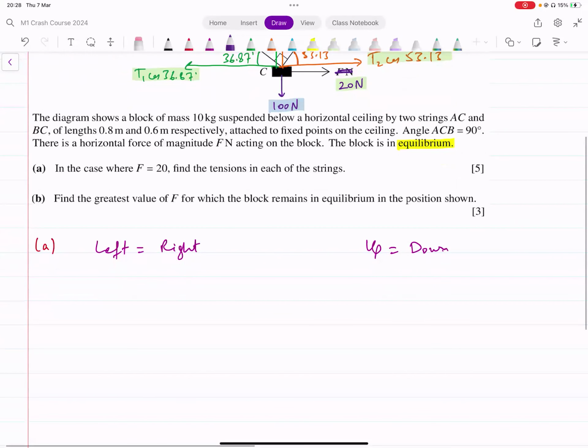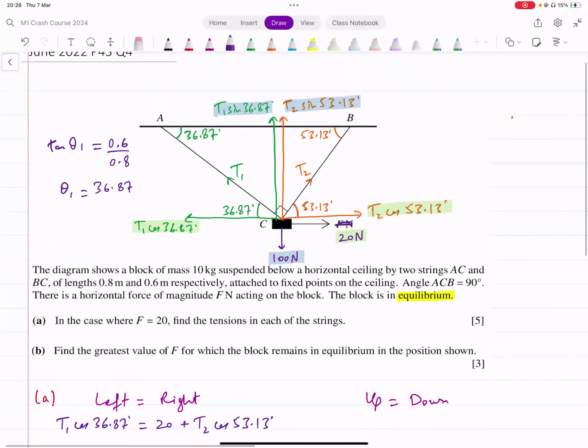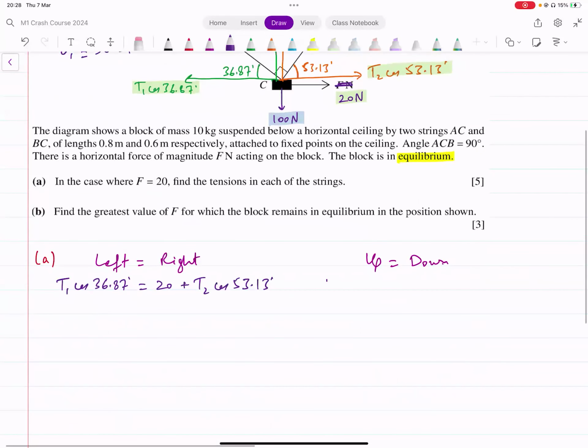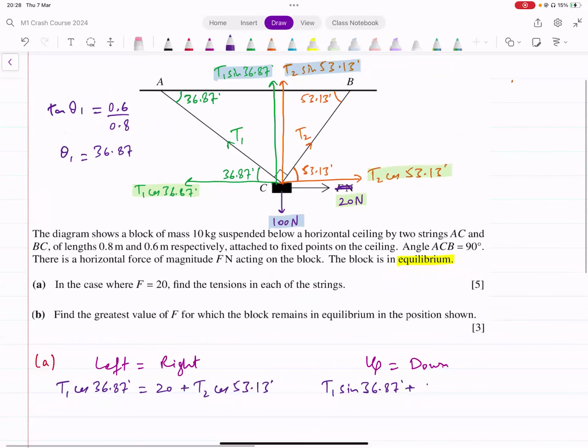Okay. So what do we get now? T1 cos 36.87, that's the force acting towards the left side. Towards the right, we have 20 plus T2 cos 53.13. That's one equation. And then upwards forces T1 sine 36.87 plus T2 sine 53.13.